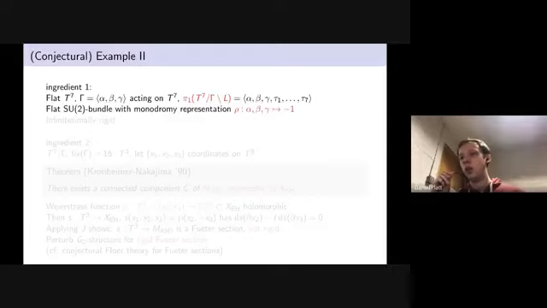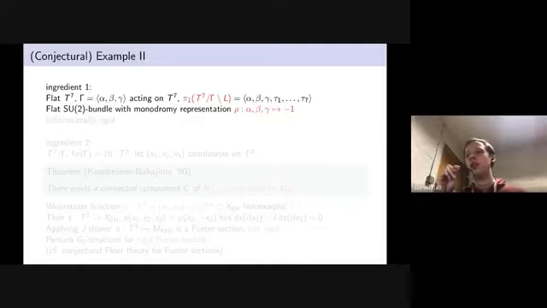And so on the regular part of the orbifold T7 mod gamma, we can get a bundle as follows. We can write down the fundamental group of this regular part of the orbifold that has 3 generators which come from the G2 involutions, and then 7 generators which come from the circles in the T7.